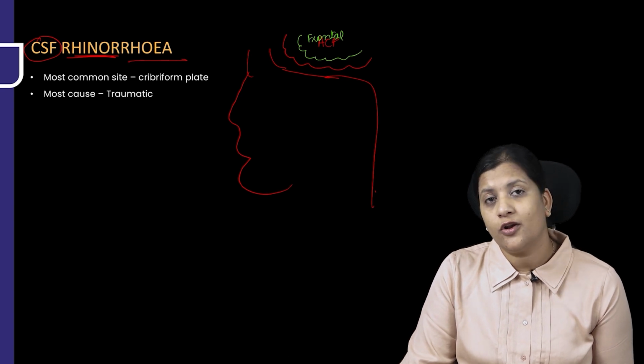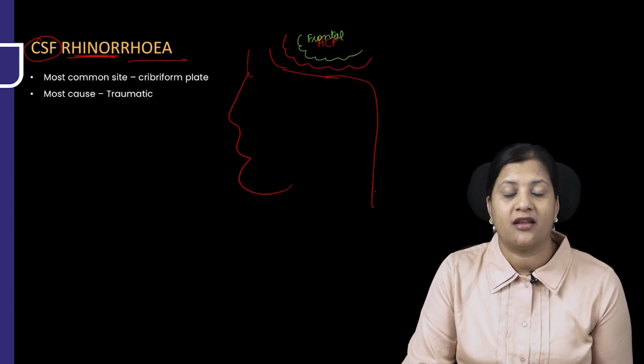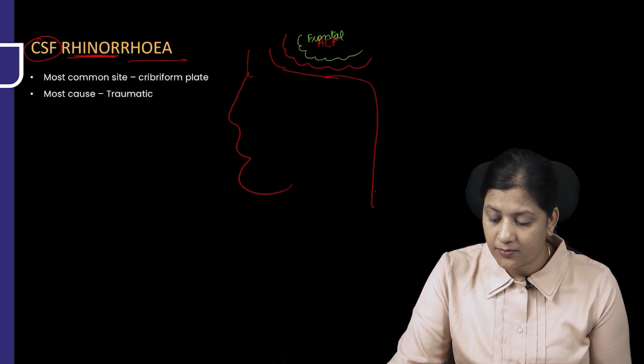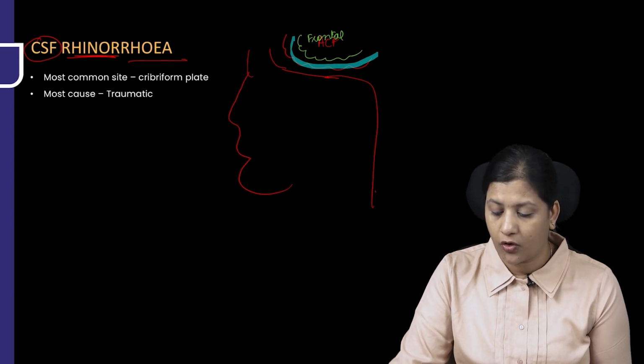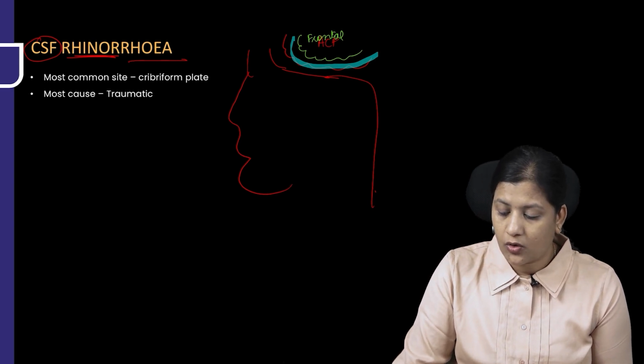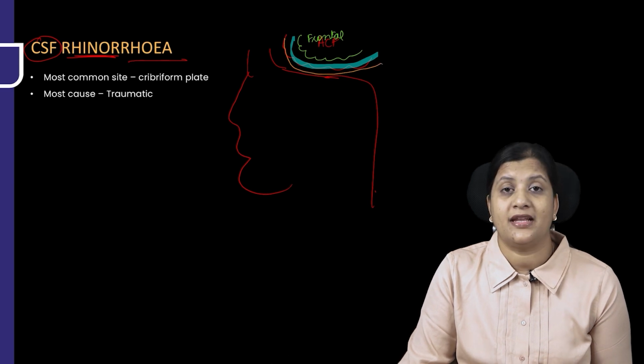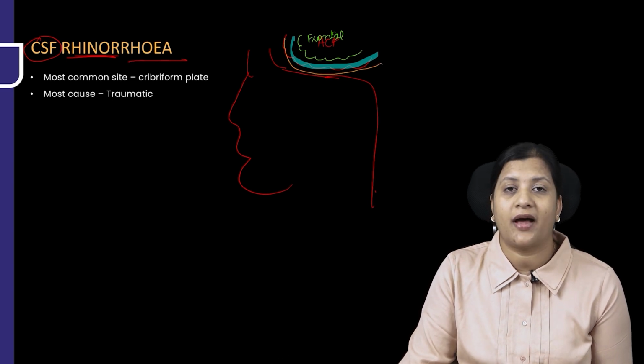The frontal lobe is present in the anterior cranial fossa. This is surrounded by a fluid which is called CSF. Surrounding that we have got layers of meninges, the dura mater, the pia mater and the arachnoid mater.